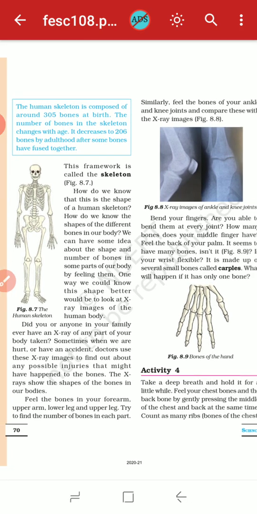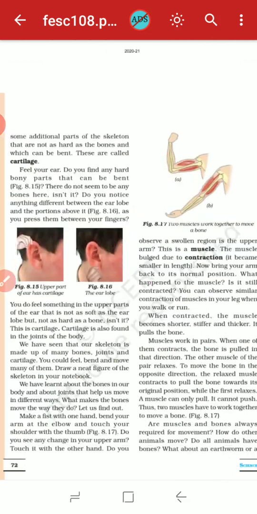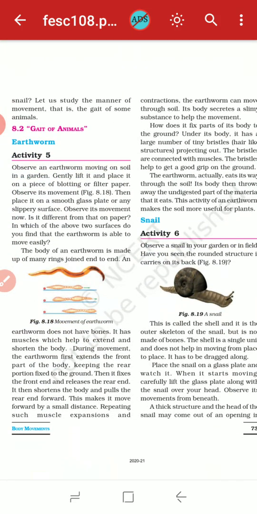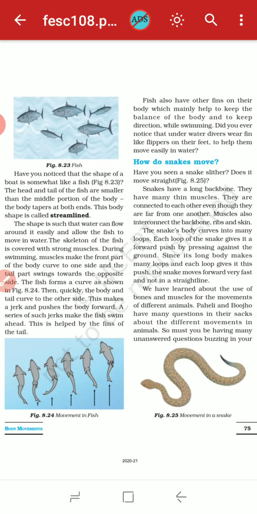Then we have also seen the skeletal system, various kinds of bones, cartilage, then movement of animals like earthworms, snail, cockroach, birds, fish, and snakes.